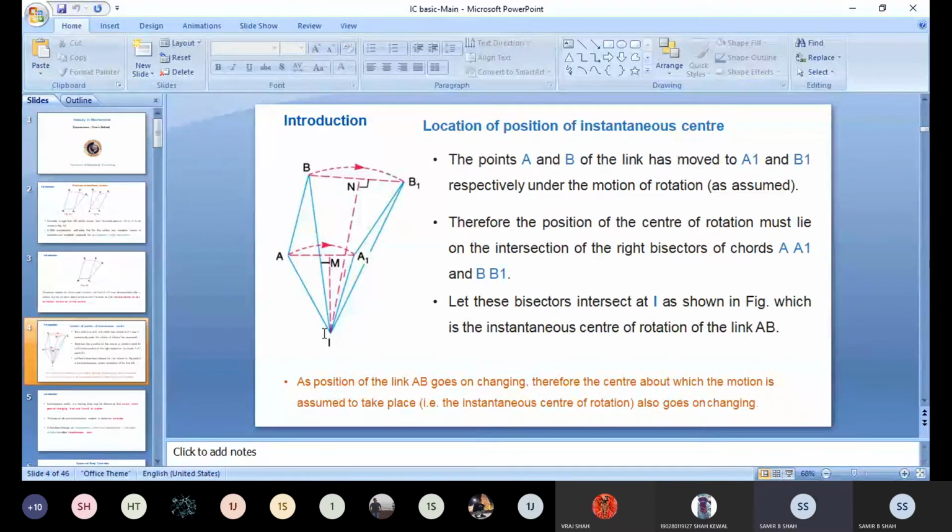A line drawn through the instantaneous center and perpendicular to the plane of motion is called the instantaneous axis. Okay, the instantaneous axis is perpendicular to the plane.